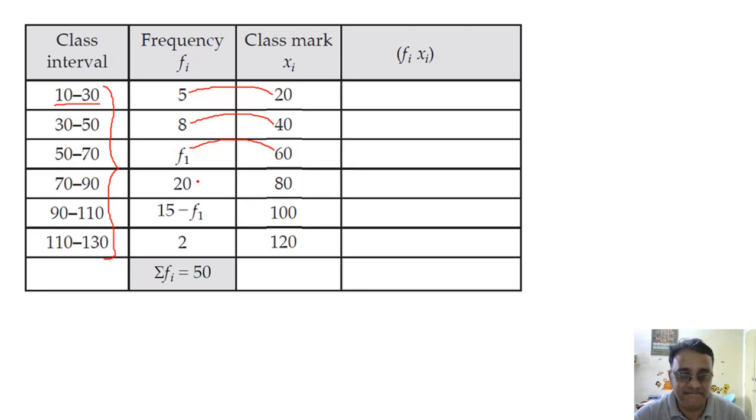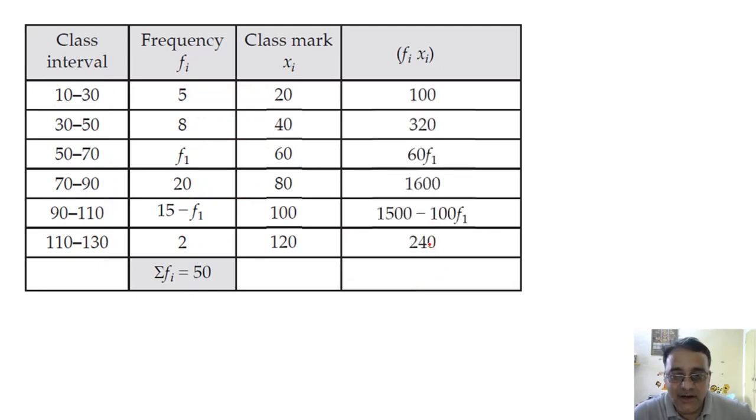20 into 80, 1600. Right. Now if you multiply these two numbers, 1500 minus 100 f1. Very good. Now the last one, 240. Right, so we'll get these numbers.